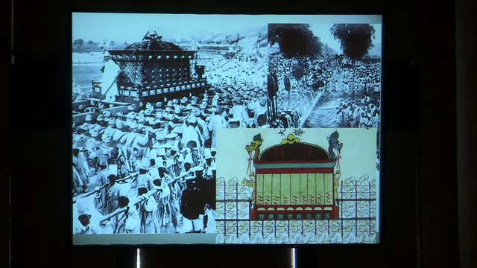But in King Injo's funeral that I was just showing, over 60,000 men were mobilized to carry the casket from Seoul to Paju, and that's only about 40 kilometers north of Seoul.